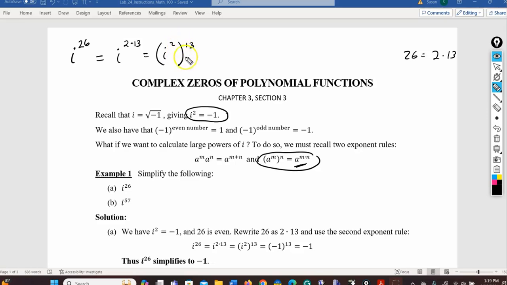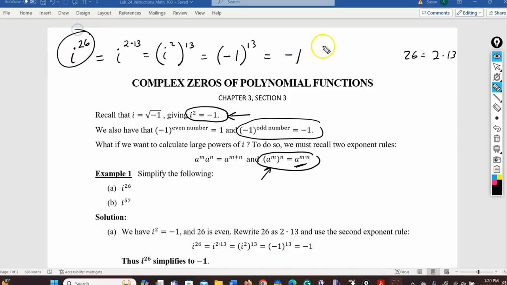Okay, so if I want to write this without the parentheses, this rule says you multiply the powers there. Now what's inside the parentheses is -1. And then -1 to an odd power is just -1. So I start with that, and simplified, it's just going to be -1. So i to the 26 simplifies as -1.